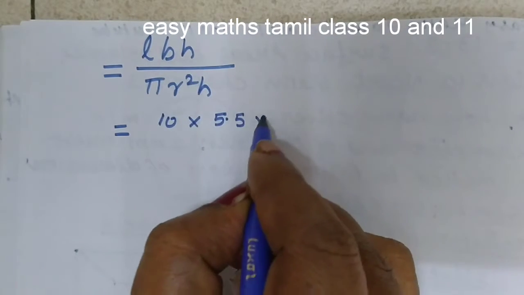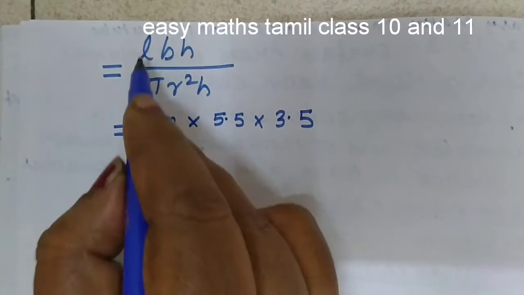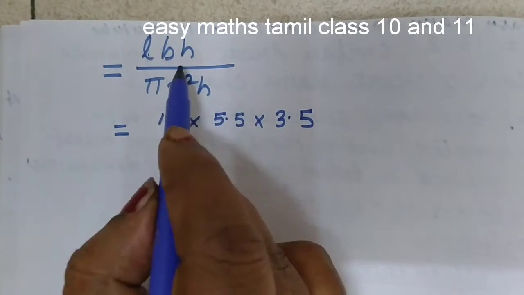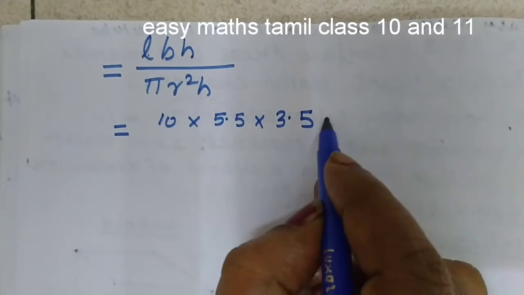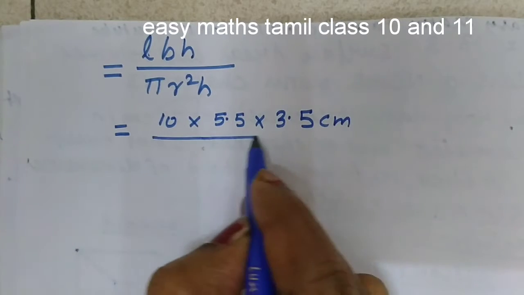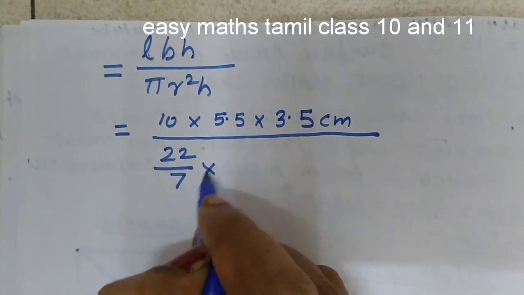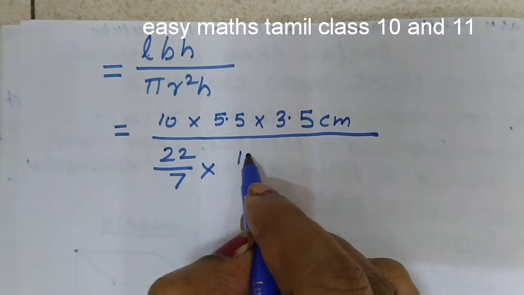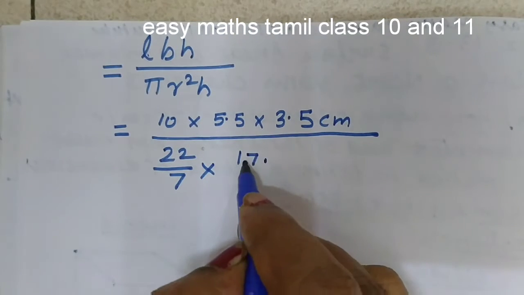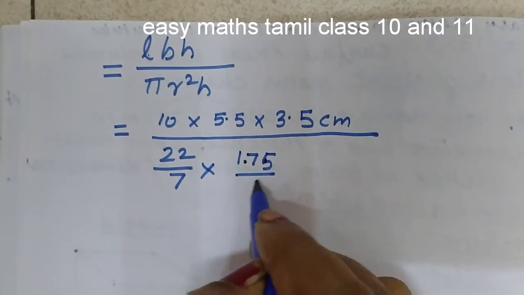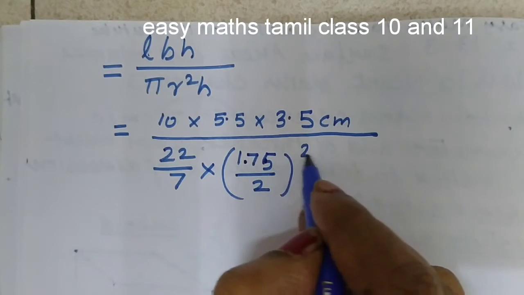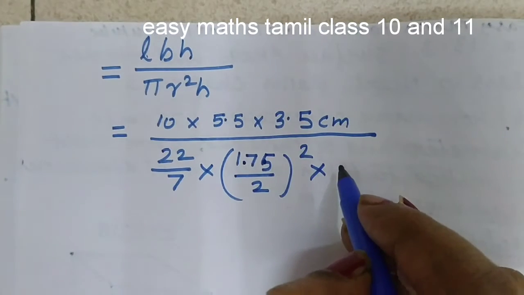Substituting the values, length is 10, breadth is 5.5, height is 3.5 divided by the value of pi is 22 by 7. The value of r is 1.75 divided by 2. So 1.75 divided by 2 the whole square into height is 2 millimeters.